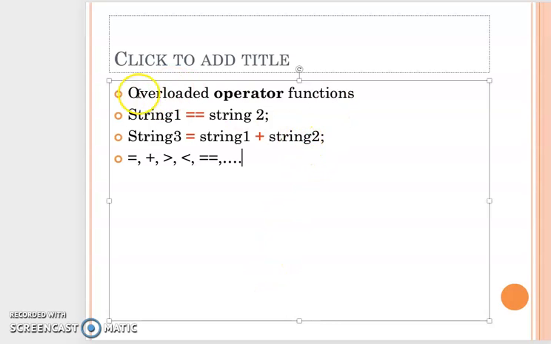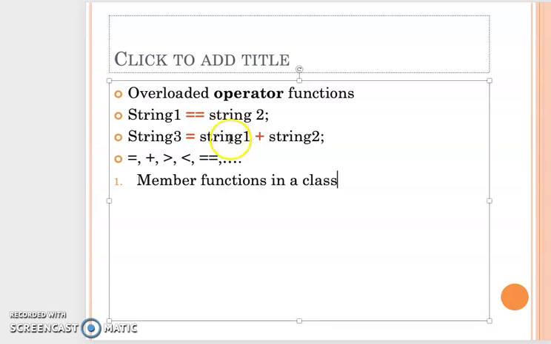In order to implement an operator function, you have two different ways. The first one is to implement a member function in a class.